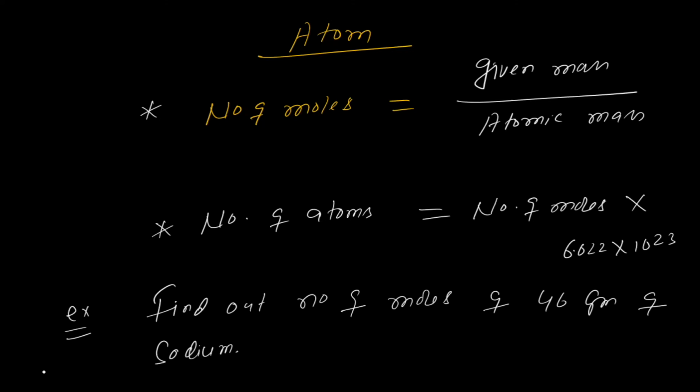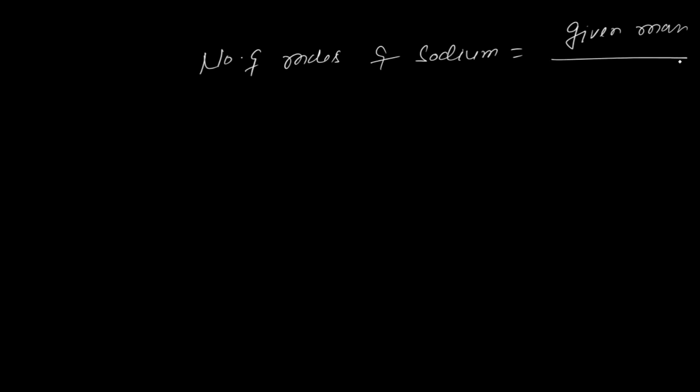As we know, the atomic mass of sodium is 23. The formula is given mass of the sodium upon atomic mass.